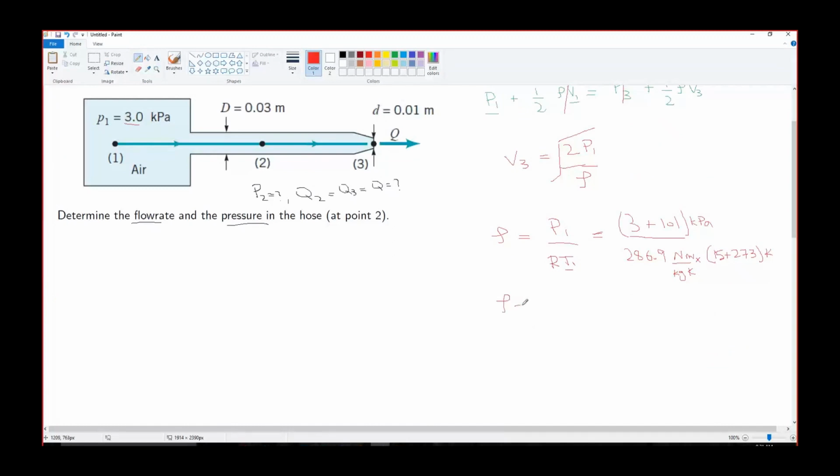That would be equal to 104 divided by 286.9 multiplied by 15 plus 273, which comes up to be 0.0012, but the unit would be kg per meter cube, as Kelvin is gone.